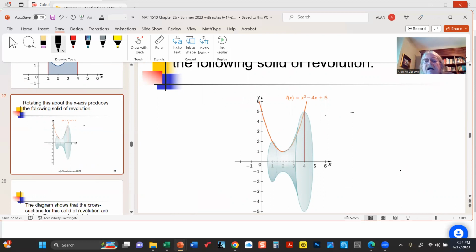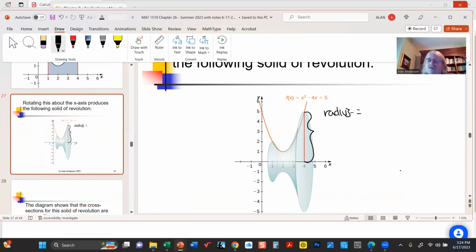And the height of this, or the radius, is just the difference or distance between this function or parabola and the horizontal axis.